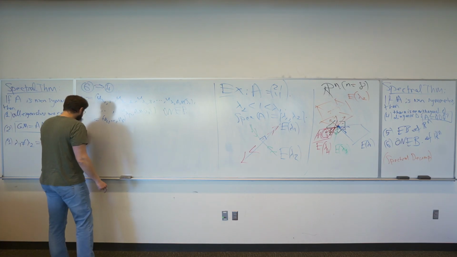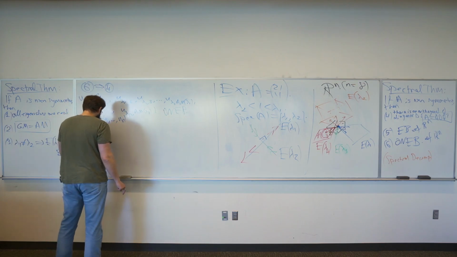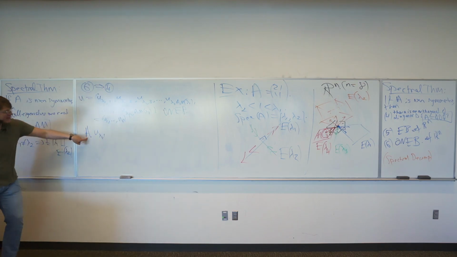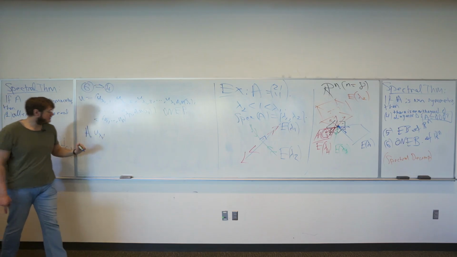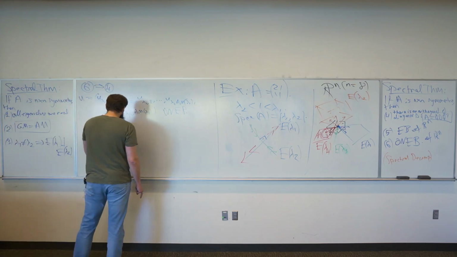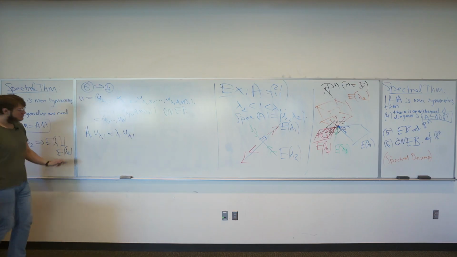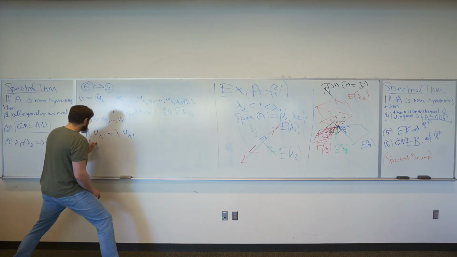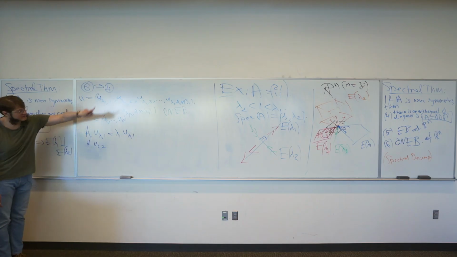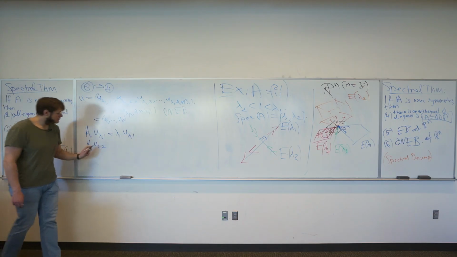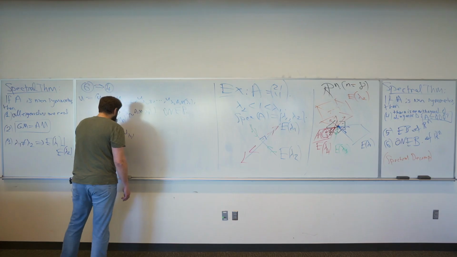And so if I were to apply A to the first basis vector in my orthonormal eigenbasis, this is going to be lambda 1 times the same vector. Okay, I'll do a couple more. If I were to apply A to the second vector here, again, the multiplier is going to be lambda 1.